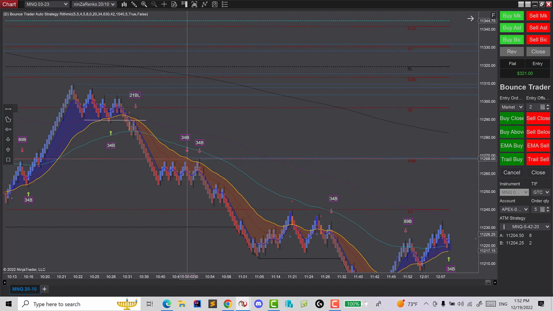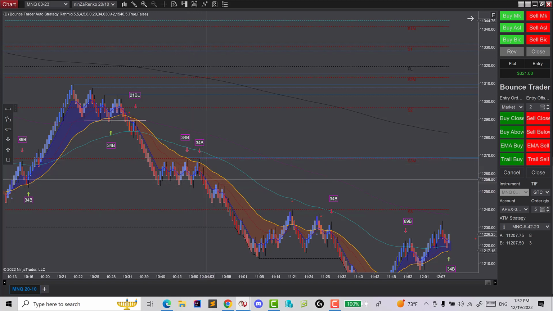If you missed this one, if you weren't comfortable because the high of it wasn't above 34, if you had waited, you could have gotten this signal. It was a bit stronger signal, but they both were fine. There was enough room for take profits.